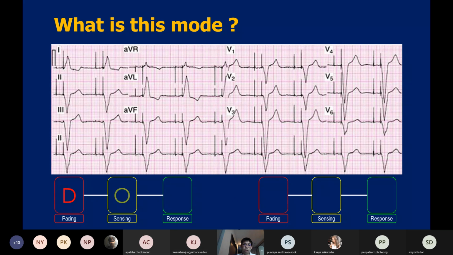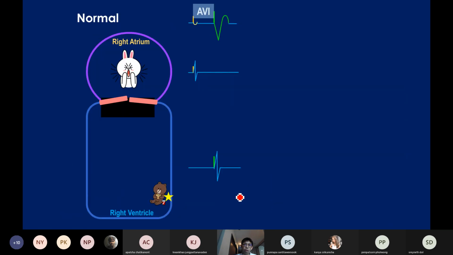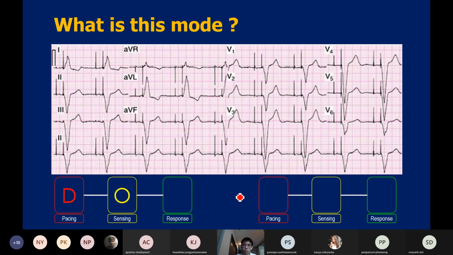DOO. Okay, it is the OO or DDD. Any question regarding the intervals that I have mentioned? If nobody answers anything, I will move on.